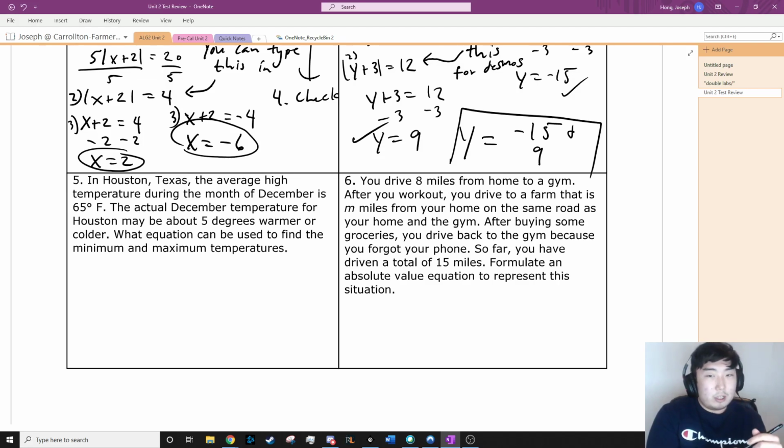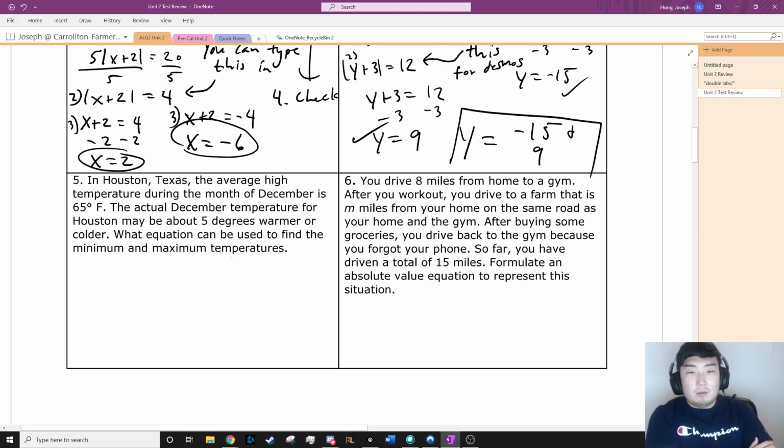What equation can be used to find the minimum and maximum temperatures? So we have to think 65 is like the middle, but it can be 5 degrees warmer. So isn't 70 the warmest? And the coldest would be 60, right?